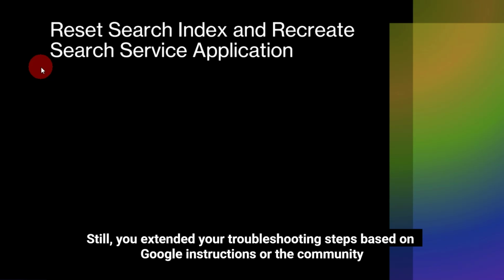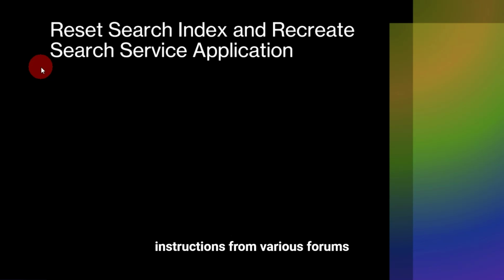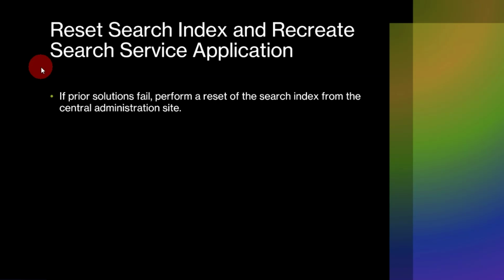Still, you extended your troubleshooting steps based on Google instructions or the community, instructions from various forums and blogs. You are still hoping that you can fix that issue. You are continuing your troubleshooting.